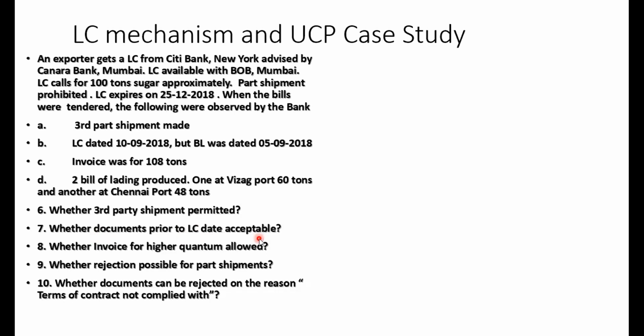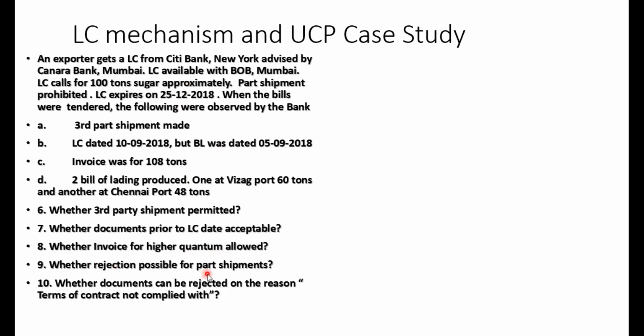Yes, permitted, because documents prior to the date of LC are not prohibited. So it is not a violation, not a discrepancy. Whether an invoice for higher quantum is allowed? Yes, because they are using the word approximately, so plus or minus 10% is allowed. So this is how you have to answer.